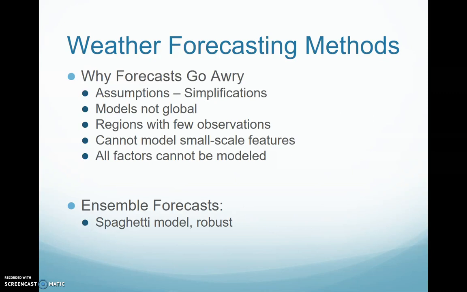However, with weather, you can't do that. You can't say, well, let's get rid of the humidity, or let's ignore the wind for this case, or friction, or whatever. We can't do that. We have to take absolutely everything into account, which is impossible.